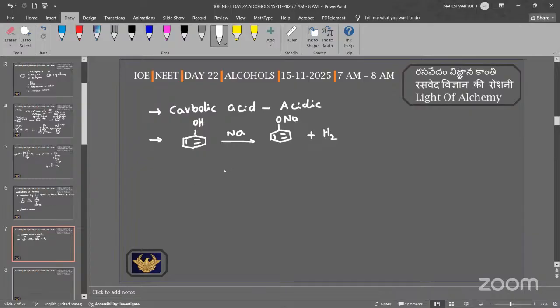And the same phenol is allowed to react with sodium hydroxide.